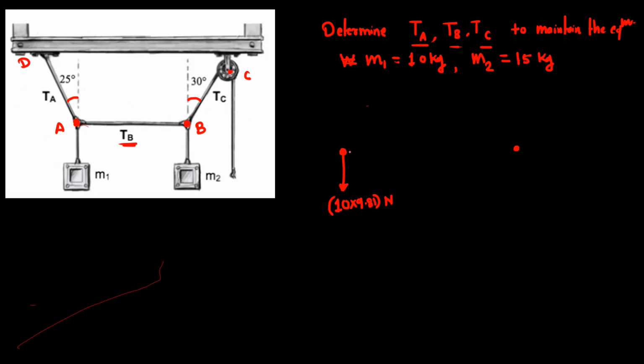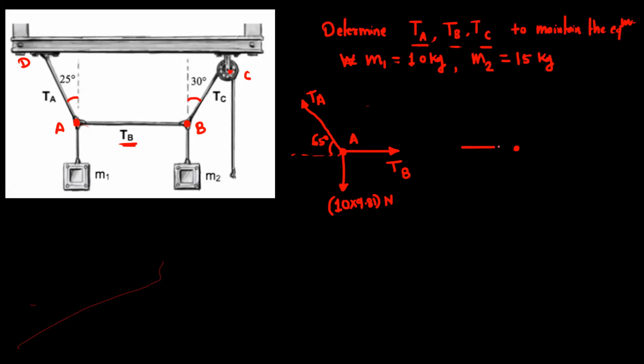When you show this tension at this point, show it directed away. So this is tension B. The next is tension A. Now this angle is 65. So this is the complete free body diagram for point A.